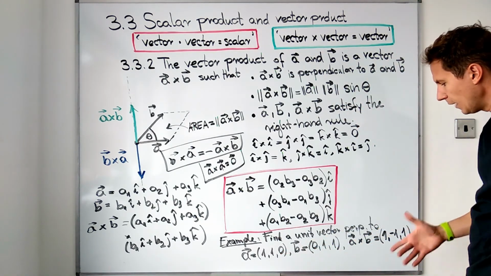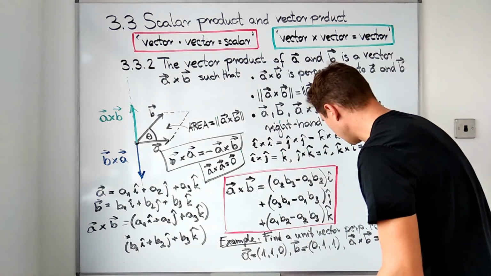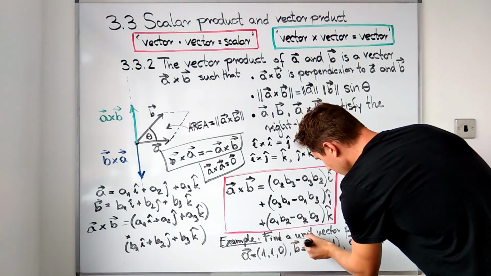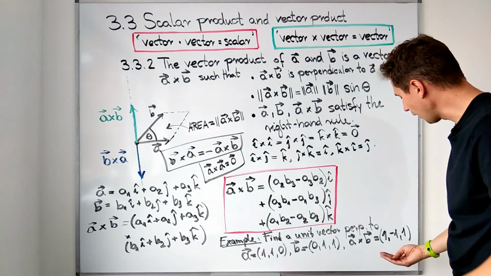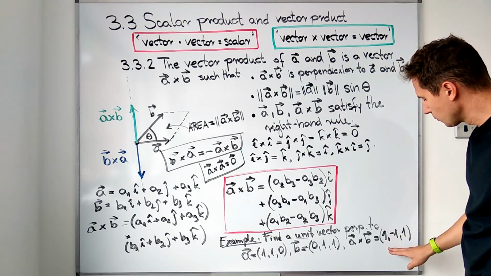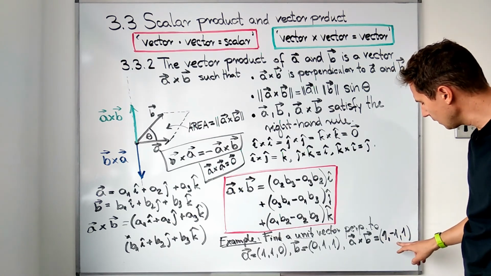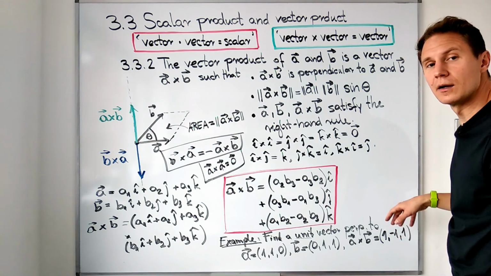So this vector is definitely perpendicular to both of these vectors, but the additional condition that we had for this vector that we are looking for is that it should have unit length, and this vector currently has a length of √3. So if you square the coordinates, add them up, and take square root, you will get √3.